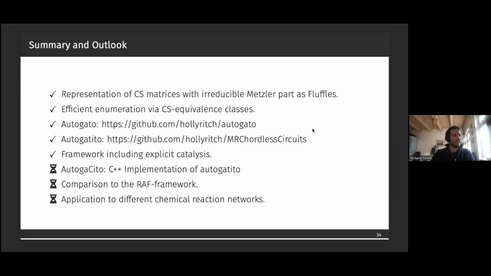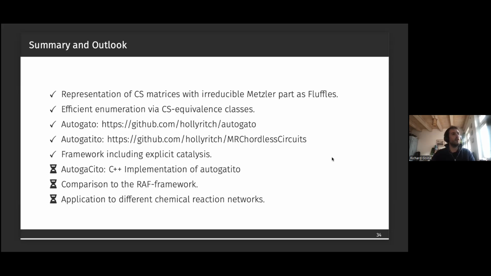As I said at the beginning, this talk was not about including explicit catalysis. So we excluded explicit catalysis within this talk, but we've now also extended this framework to reaction networks with explicit catalysis, which is another paper.